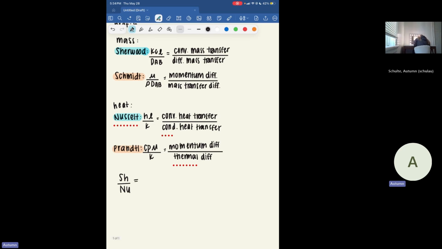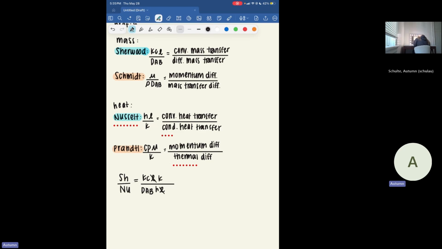This is going to be our mass transfer coefficient, K sub C, multiplied by the length, divided by the diffusion coefficient of components A through B, multiplied by the reciprocal of the Nusselt number, which is our thermal conductivity divided by our heat transfer coefficient and our length.